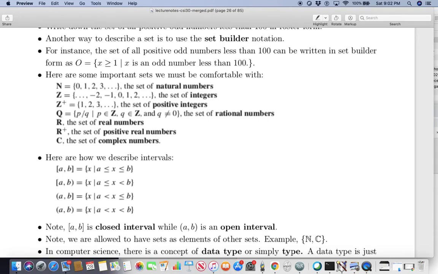You start with the positive numbers 1, 2, 3 and it continues forever. Q is the set of fractions p/q such that p and q are integers, and q should not be 0 because in a fraction we don't want the denominator to be 0. This set is called the set of rational numbers. R is the set of real numbers. R⁺ is the set of positive real numbers. C is the set of complex numbers.